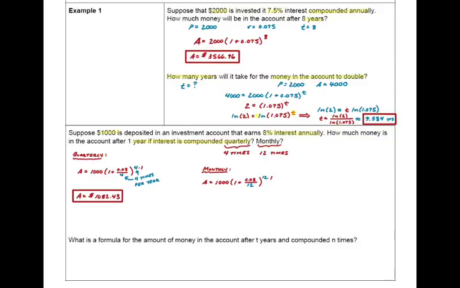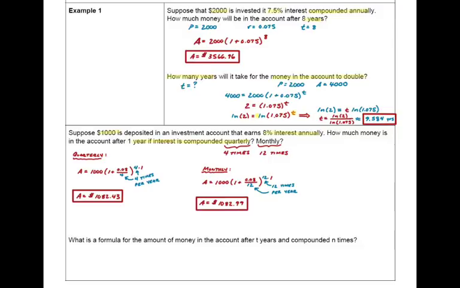When you type this in your calculator, I would just type this exactly like it is, and what I'll get is a little bit more than 1,082. Actually, I'd get 1,082.99, so a few cents more, because it's still only 1 year, still 8%. We're just increasing the number of times that interest is being calculated.